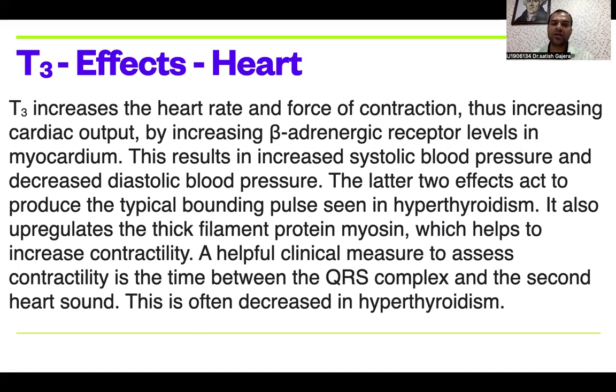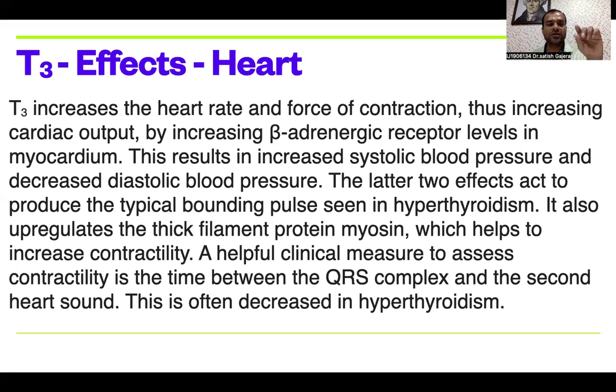This results in increased systolic blood pressure and decreased diastolic blood pressure. Systolic blood pressure is increased during T3 activity, stress effect. Diastolic blood pressure is when the myocardium is at rest.